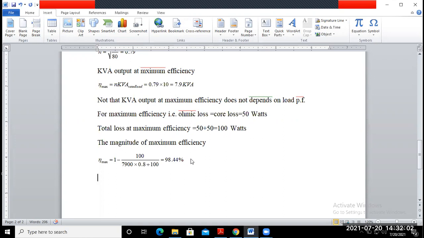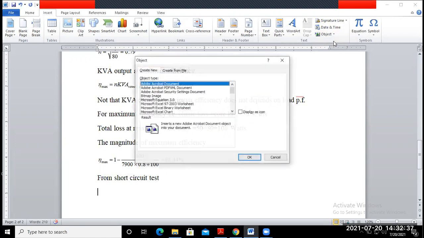REH equals power divided by current square, the equivalent resistance along the high voltage side.